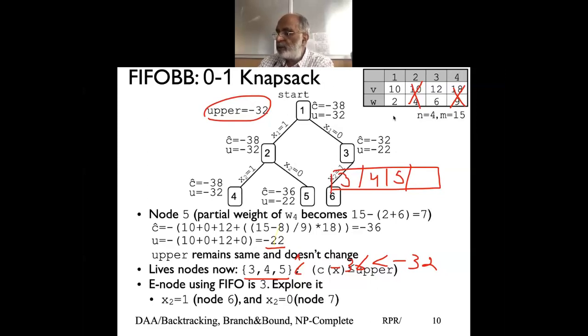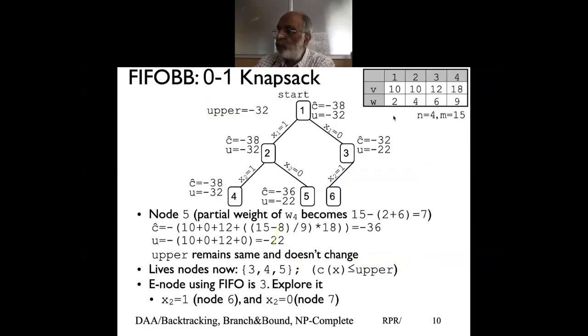So when we explore node 3, we look at either including the third item or not. This path indicates we are not including this, and when I take the next path, x2 equals 0 means we are not including this either, and this is what will give me node 7.